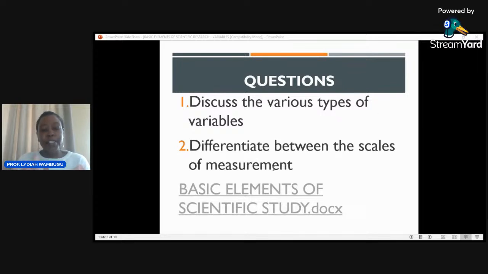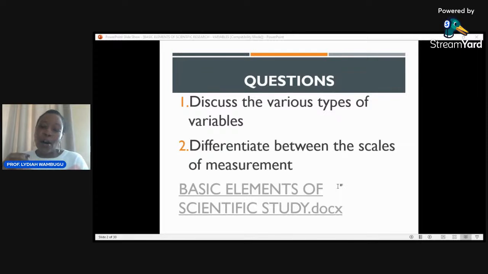If you look at this particular title, it is talking about influence of institutional capacity on performance of parastatals, a case of Kenya Meat Commission Modernization Project. This is part of a student's work that I have just cut. When we look at your title, when you're doing your proposal, the first thing we should be clear of is what your variables are.